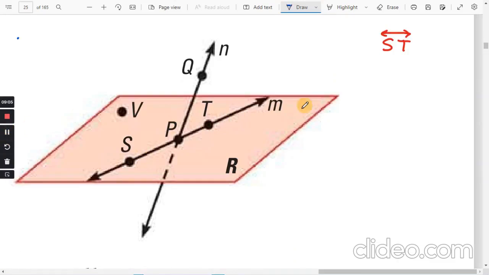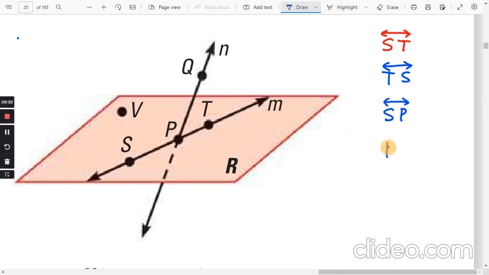Okay, remember we said we can reverse the letters for the line. So line ST can also be called line TS with the line symbol on top. Also, you can choose any 2 points on this line. So we can also say SP with the symbol on top.